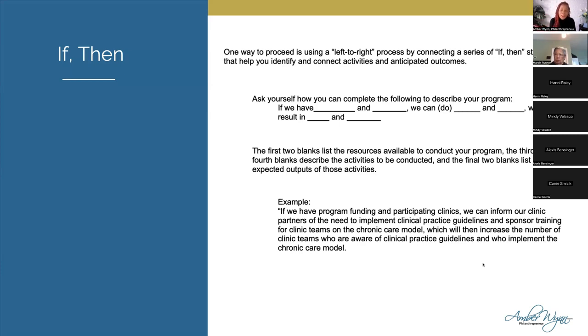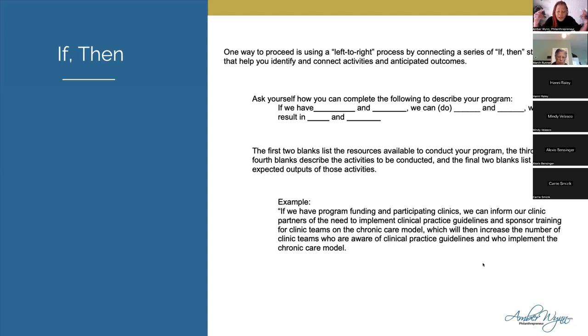Now, in the beginning of the pandemic, you could replace this with all types of things, right? If we have participating nonprofits or funders, we can inform our funders on the need to fund Black-led, brown-led nonprofits, right?